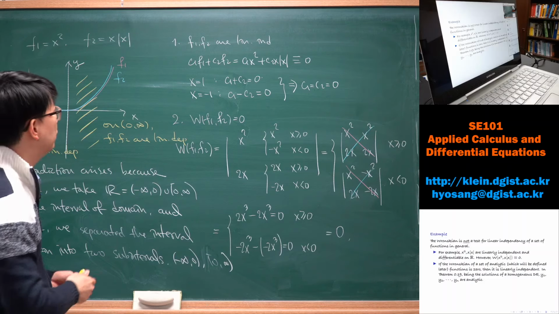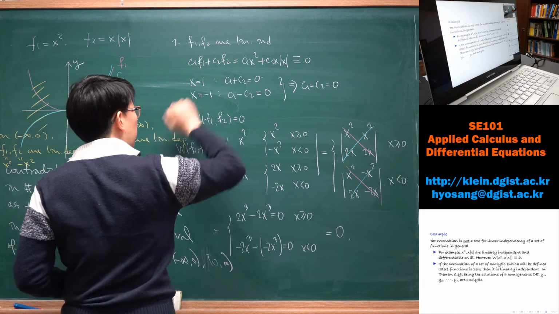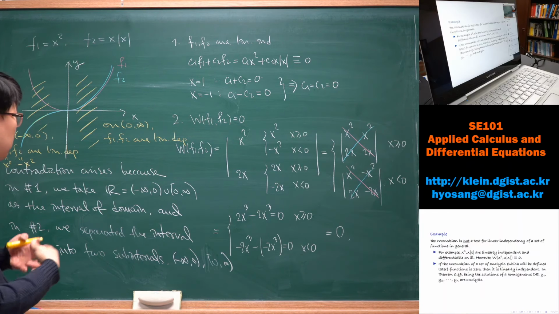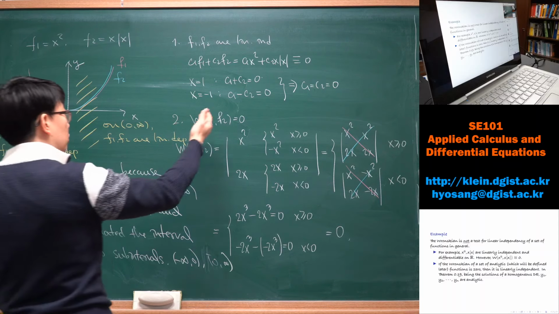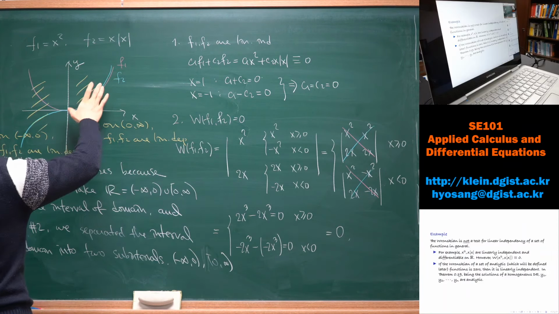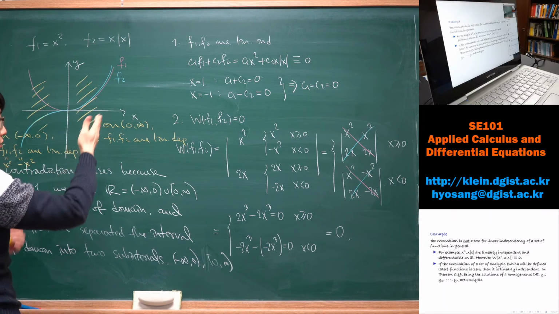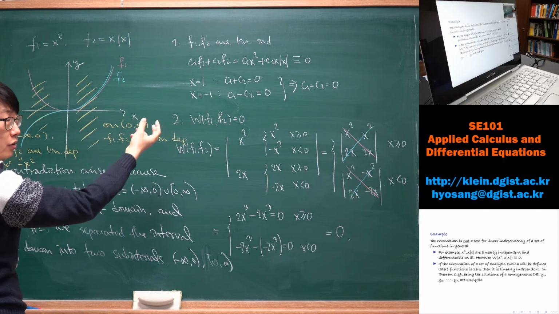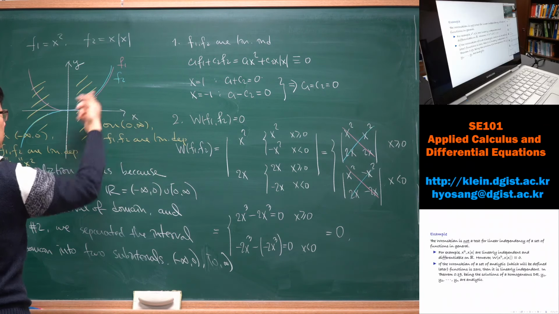However, when you're talking about linear independence on the entire real line, you can say that these two functions are linearly independent. On the positive side, they are positively related because f1 times positive 1 is f2.